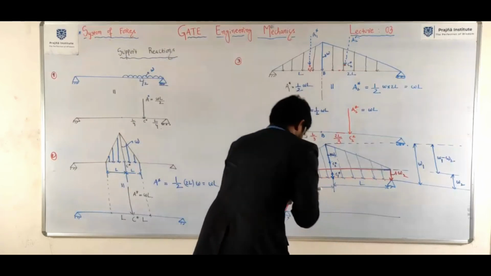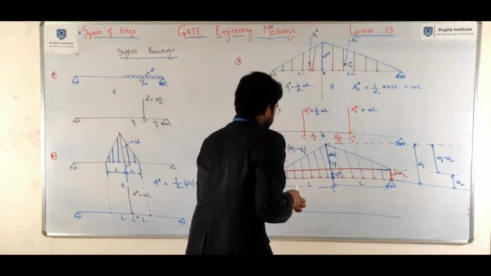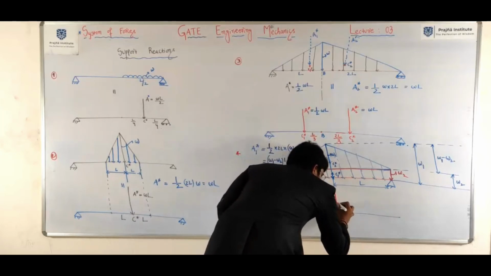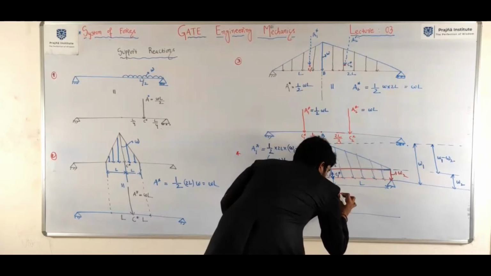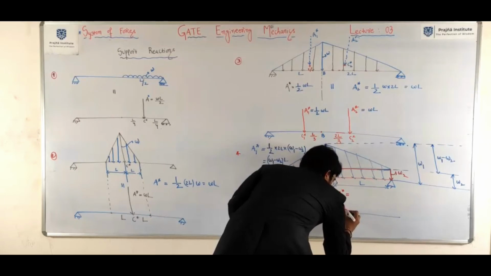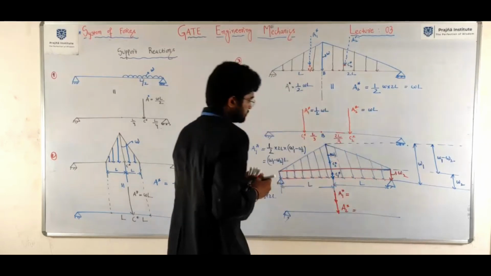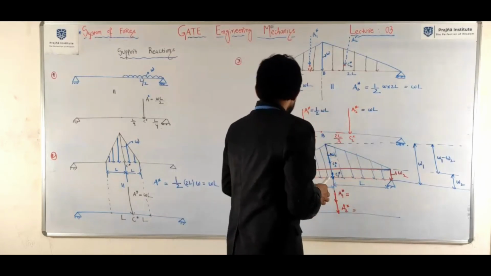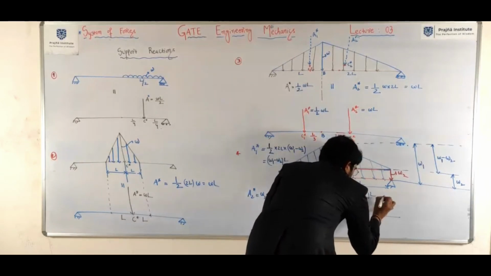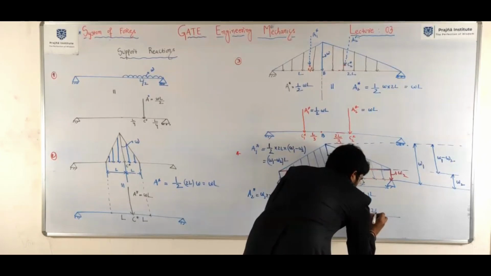Just place at the centroid. Here A1 star is equal to W1 minus W2 into L, and A2 star equal to W2 into 2L.